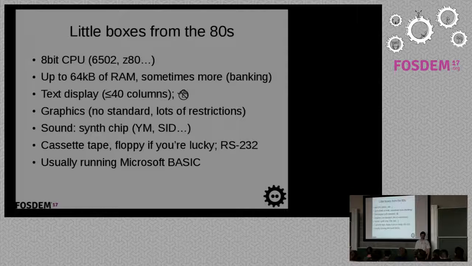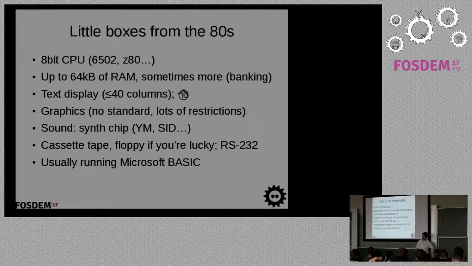So let's talk first about the really old boxes from the 80s. You know, I had an Oric Atmos. Most of you probably know about the C64 from Commodore and other machines like the Apple II and many others.